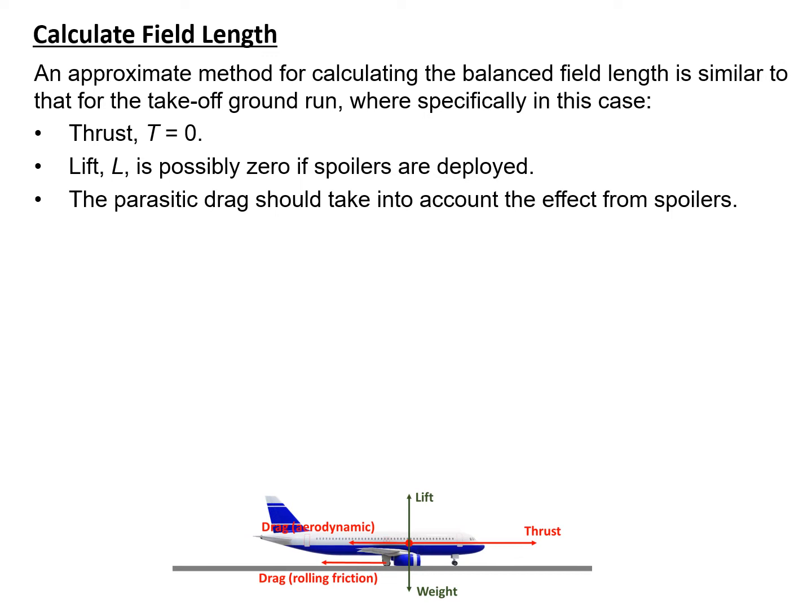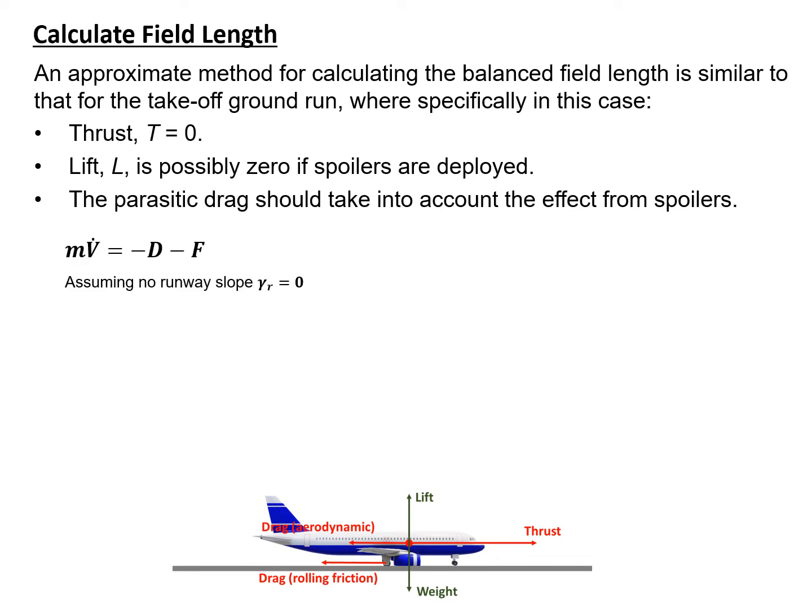Thrust is 0 because we want to bring the aircraft to stop, so we need to shut off the engine. And lift is possibly 0 if spoilers are deployed, because we want to increase the drag. The parasitic drag should take into account the effect of the spoilers, because once the spoilers are applied, the drag is larger.